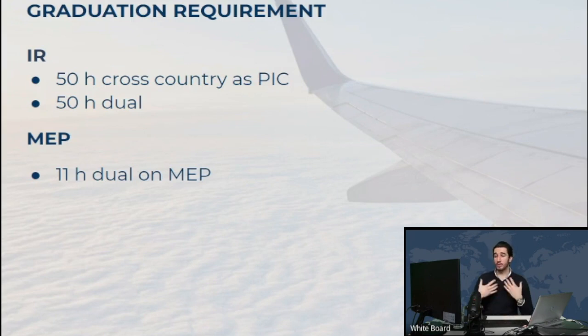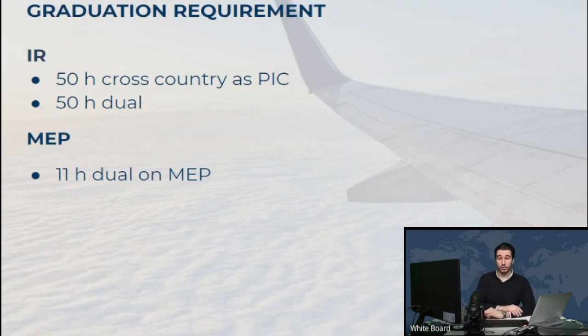You are fast with one engine, but then you get used to it and you will see after your PPL, it will be like driving a car. The problem is that then you will get to a multi-engine. A multi-engine will be almost double the speed. So super fast and very, very difficult to control if you come from a single engine.